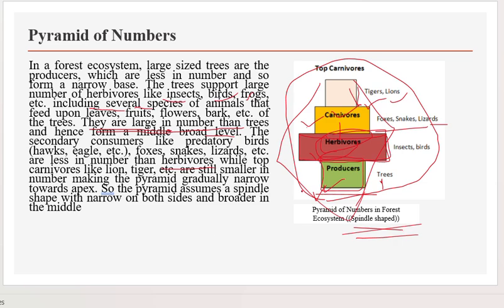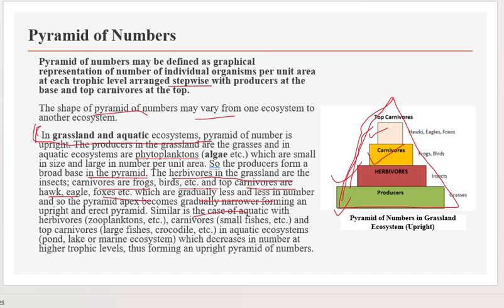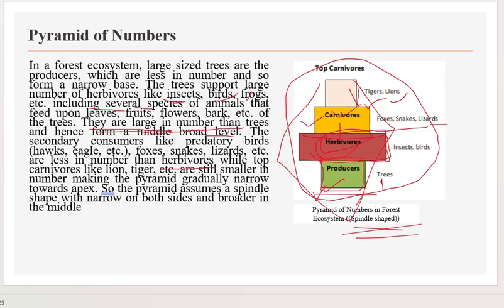Okay, this is the pyramid of numbers. I repeat again because this is most important: in a grassland and aquatic system, the pyramid of numbers is upright, whereas in the forest ecosystem, the pyramid of numbers is spindle shaped.